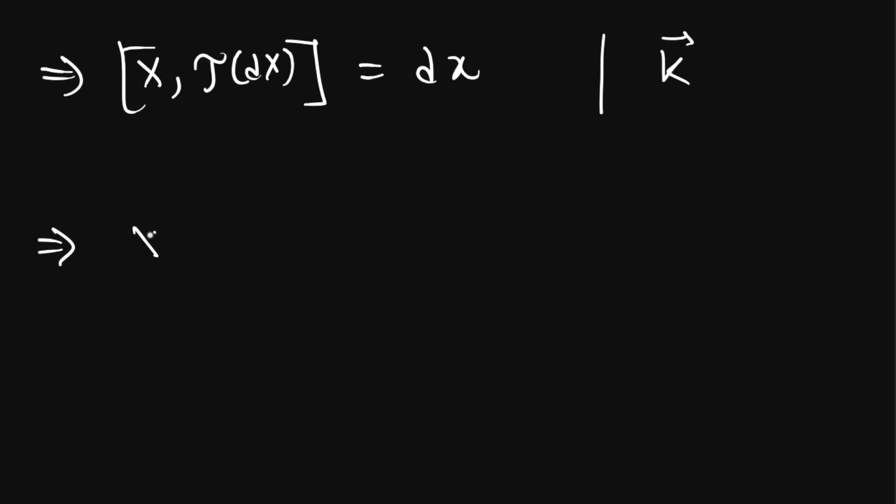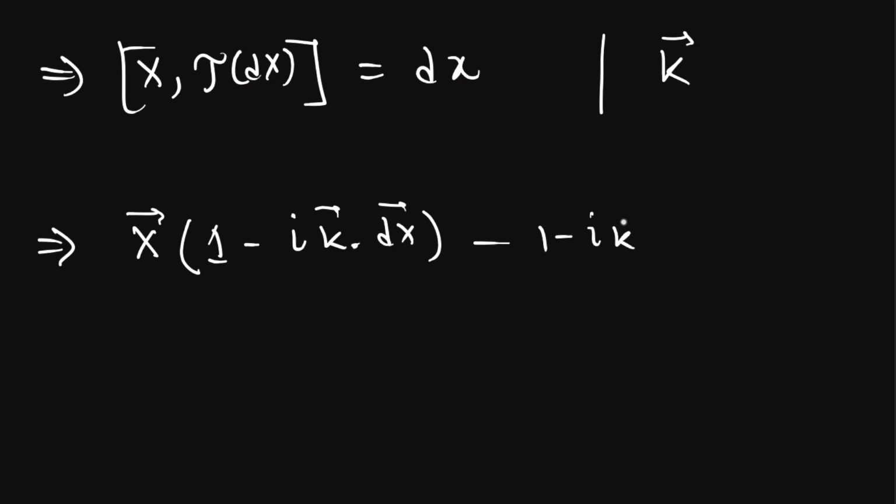To do so, let us write x into 1 minus i k dot dx minus 1 minus i k dot dx into x, which is equal to dx.